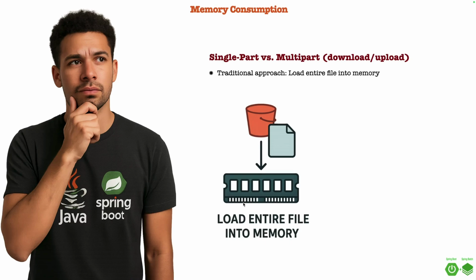By default, many simple examples load the entire file into memory before sending it to S3. For small files, this can be fine. But if you try to upload or download a large object by first reading it completely into a single in-memory buffer, you can easily exhaust your process heap.